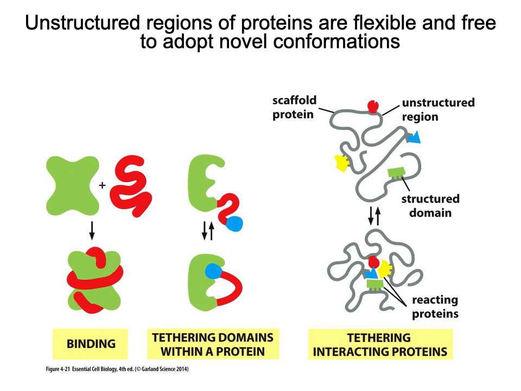So the benefit of having these connected and having these separate domains is that there's more flexibility in it. So it's kind of free to adopt some novel conformations, like from an active form to an inactive form, or maybe being able to bind a substrate in there. Okay.